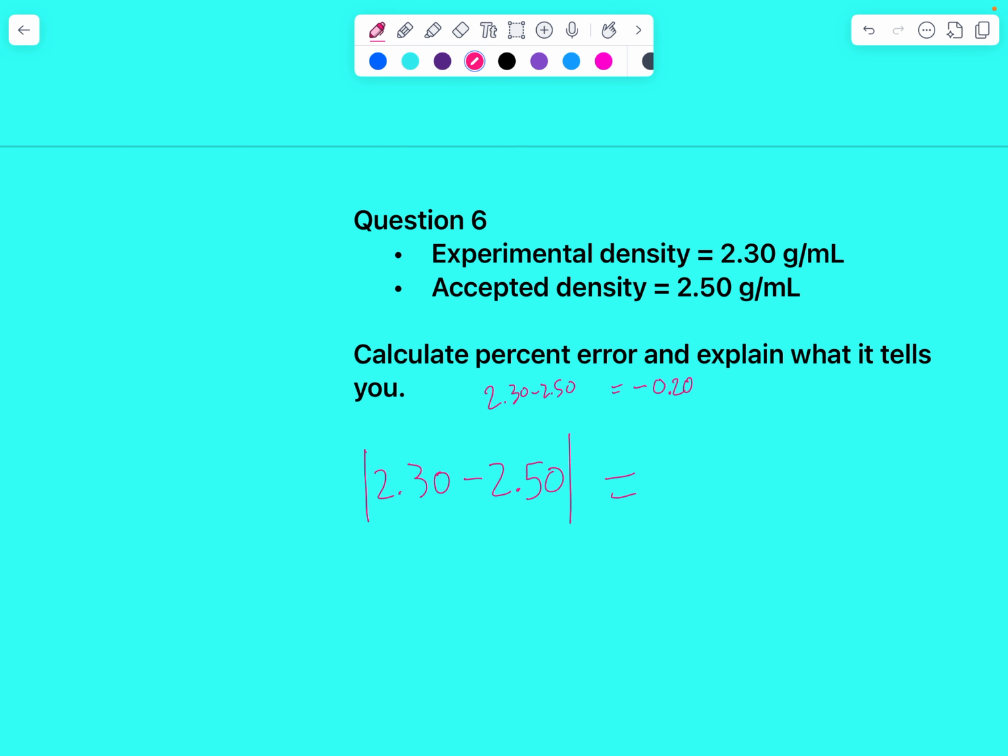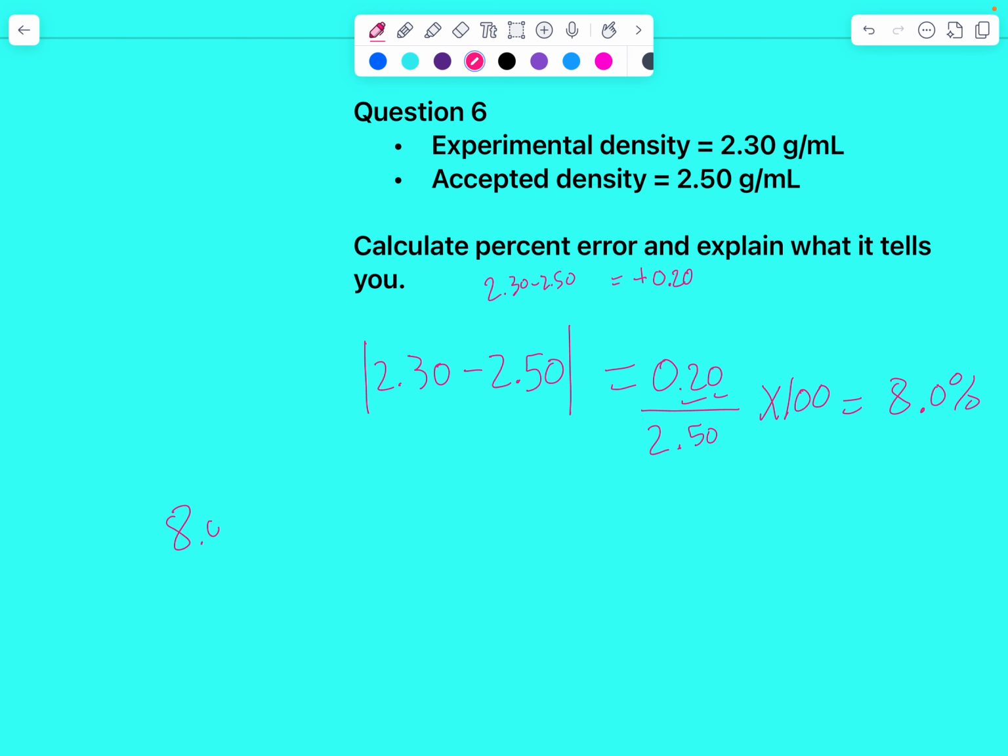But everything in an absolute value has to be positive. So just flip it, boop, and your answer is just 0.20, right? I need to divide by the accepted. What's my accepted? 2.50. So when I divide by 2.50 and I multiply it by 100, I'm going to get 8.0%, which is 2 sig figs. Boom. So I have 8.0%.